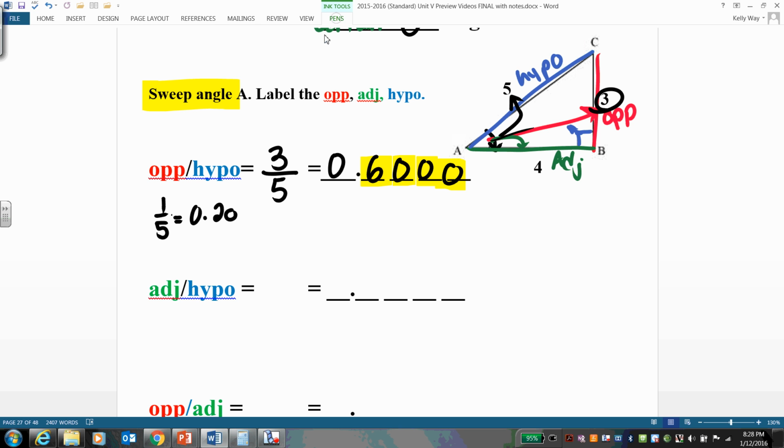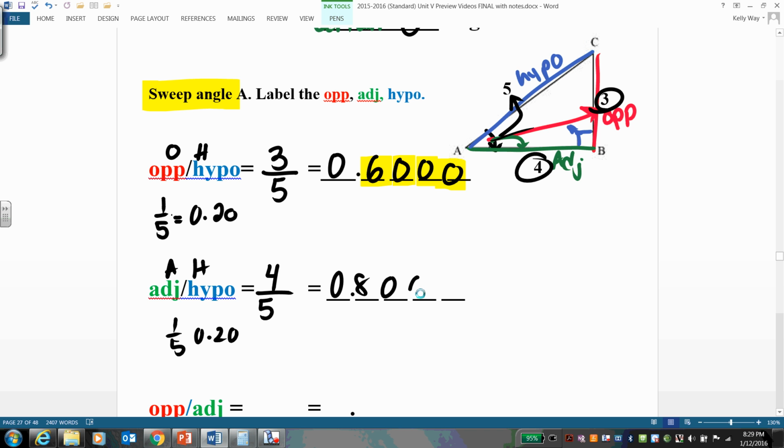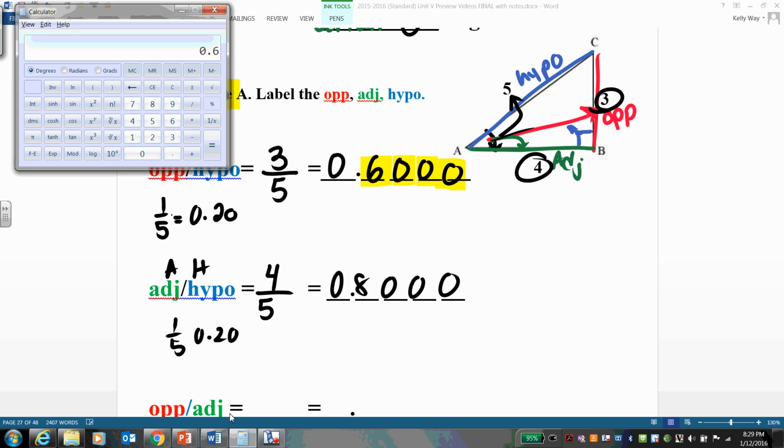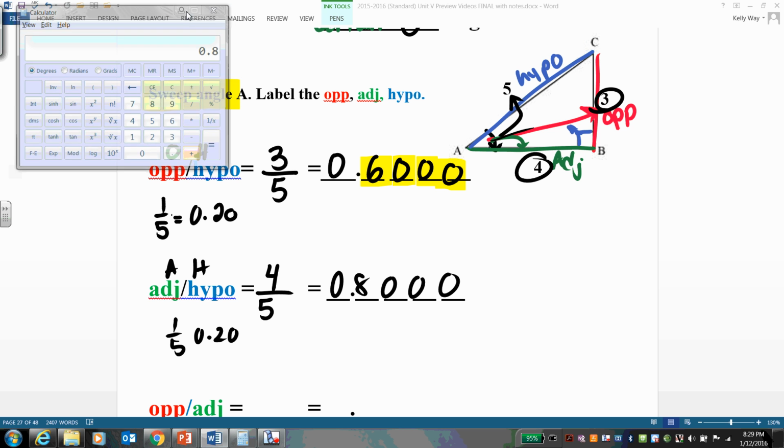Then we have the adjacent over hypo. So ready? Put an OH here. But in AH, we have adjacent over hypo. Our adjacent is 4. Our hypo is 5. Again, that's 4/5 and 1/5 is 0.20. So I have 4 of them. If you don't believe me, that's 4 divided by 5.